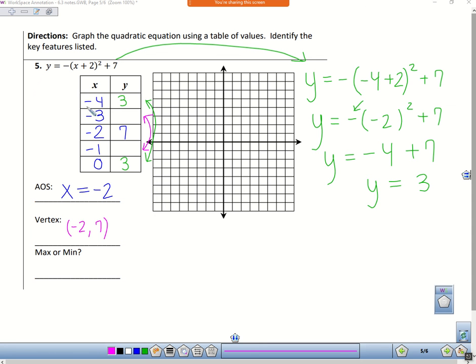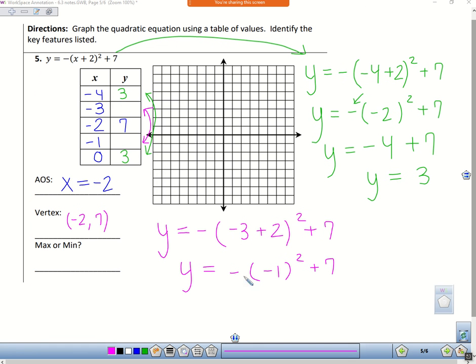All right, so what's the next one we're gonna plug in for x? We just did -4. What's next in the table? -3. So we're gonna take y equals -(-3 plus 2) squared plus 7. What is negative 3 plus 2? Negative 1. Very good. What is negative 1 squared?